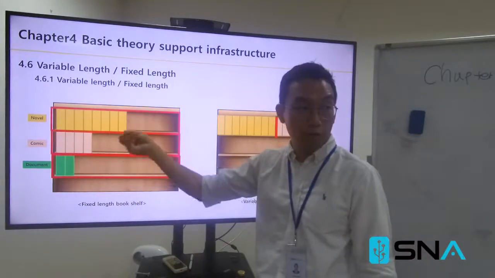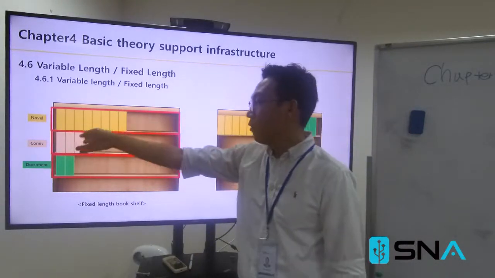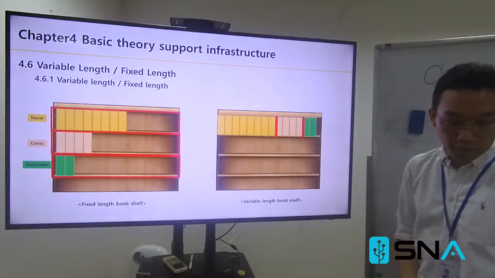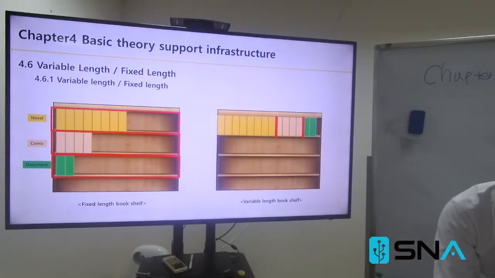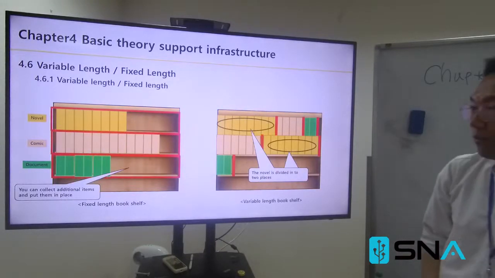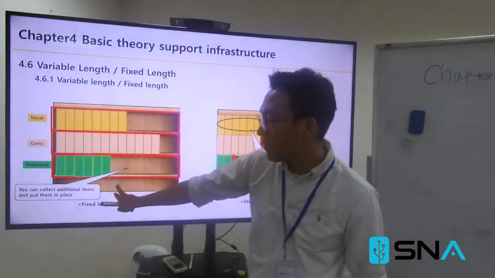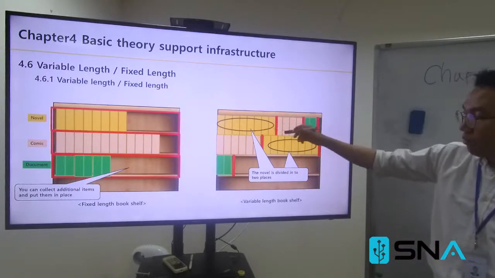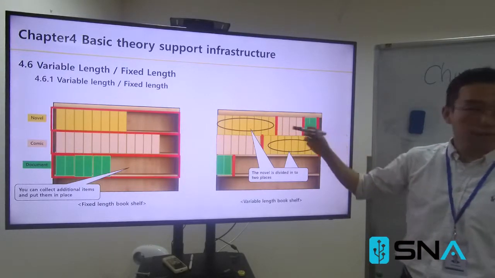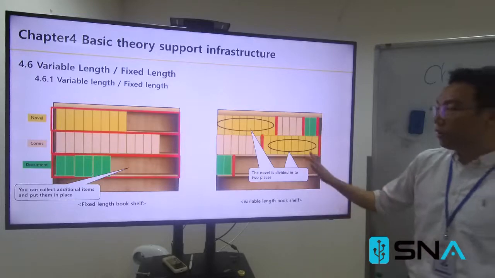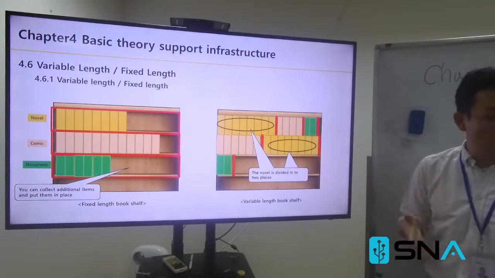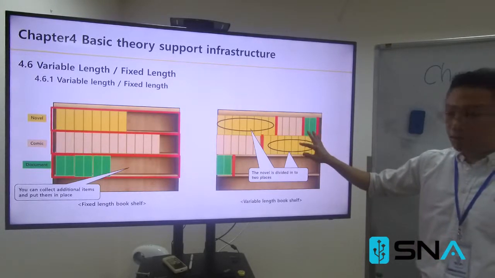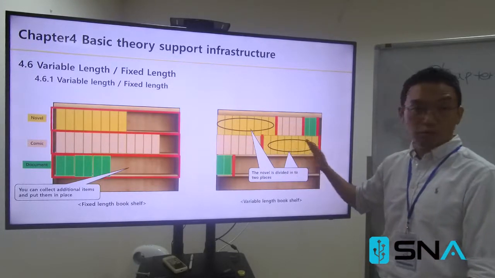After someone finishes reading the book, it can be put back again. You can collect additional items and put them in place. Otherwise, the novel is divided into two parts, because some need additional data. So this variable length sometimes has to attach another.